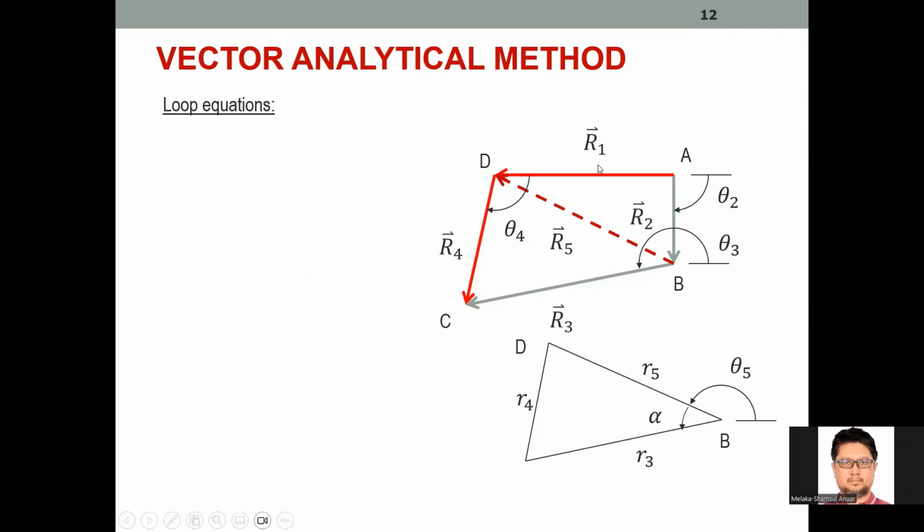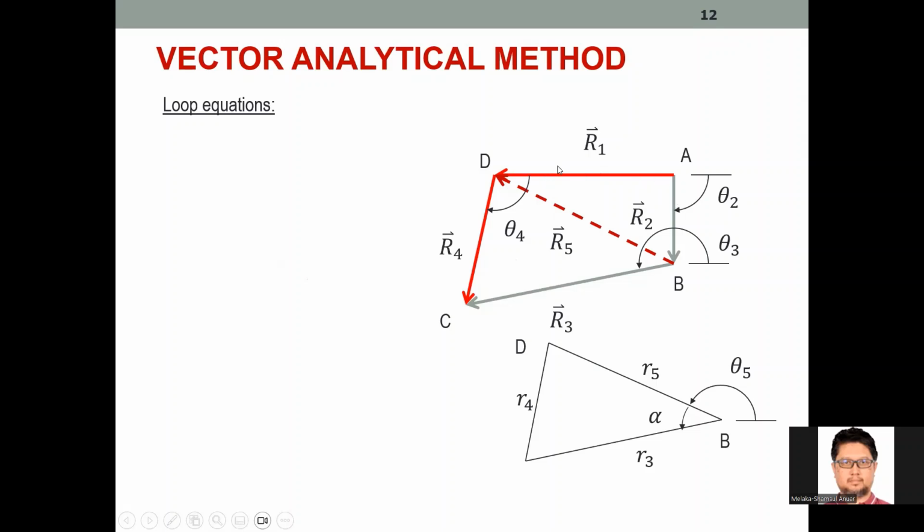So always realize that this loop, where you have 4 sides denoted by R1, R2, R3, and R4, can be broken into 2 triangles. They look like a rhombus or something like that. We can have 2 triangles, where the first part is already known.